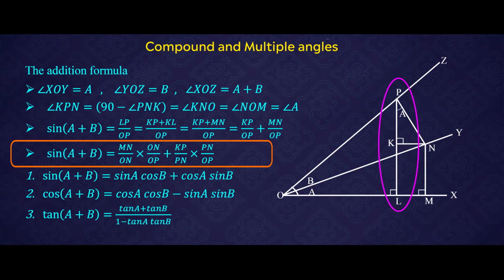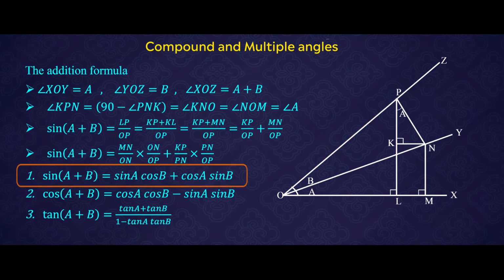So if I break it into the sum here, KP divided by OP plus MN divided by OP. So sine A plus B is MN divided by ON times ON divided by OP, plus KP divided by PN times PN divided by OP. What is MN by ON?